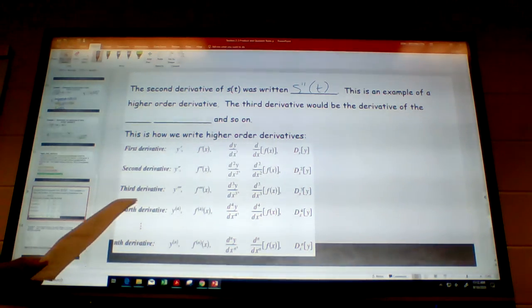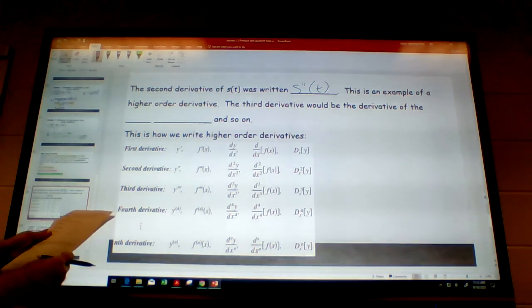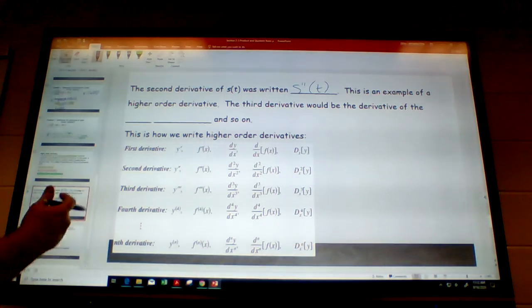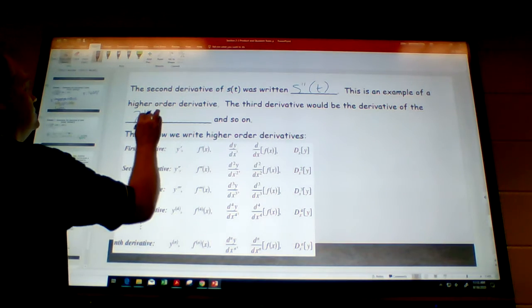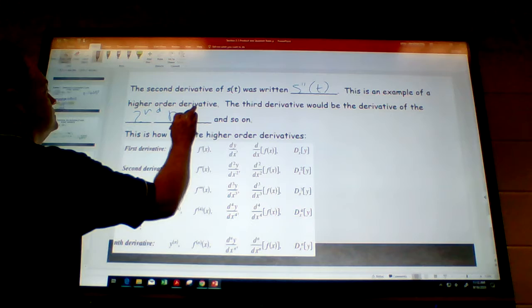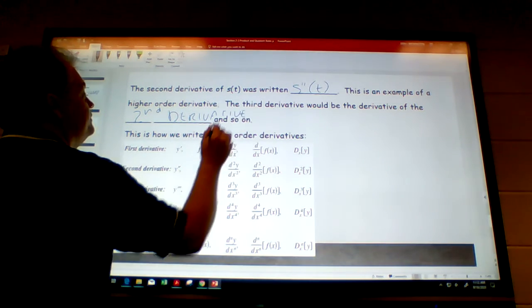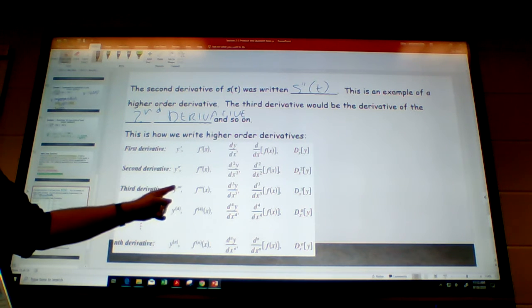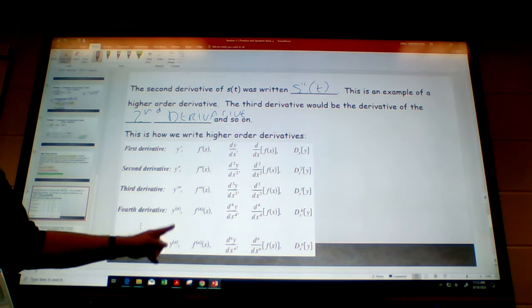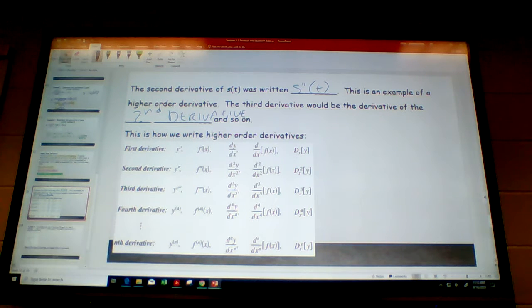The third derivative would be the derivative of the second derivative, and so on. There's the second derivative, third derivative, fourth derivative, and the nth derivative. That's the way they're written. You'll be seeing those throughout this class, so be prepared for that.